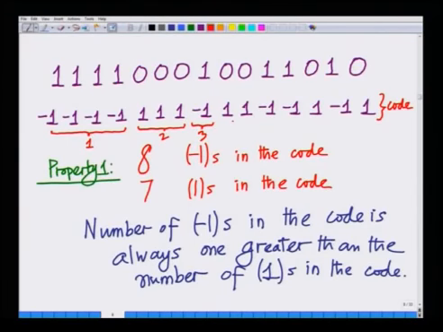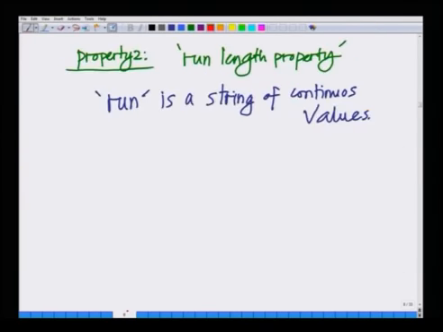Then I have one run of 2 plus 1s, that is the fourth run. Then I have one run of 2 minus 1s, that is the fifth run. Then I have one run of 1 plus 1, that is 6, one run of 1 minus 1, that is 7, one run of 1 plus 1, that is 8. So, there are 8 total runs in this PN sequence.